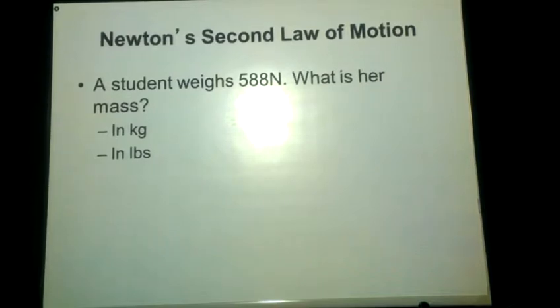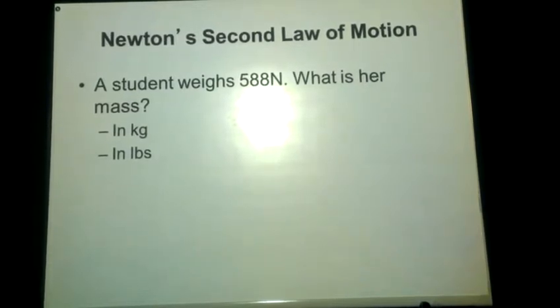So she'd be at 588 newtons, which is equivalent to 60 kilograms, which is equivalent to 132 pounds. If you wanted to find your own weight, take how much you weigh in pounds, divide it by 2.2, and that will be your mass in kilograms. Then take your mass in kilograms and multiply it by 9.8, and that would tell you what your weight would be in newtons.